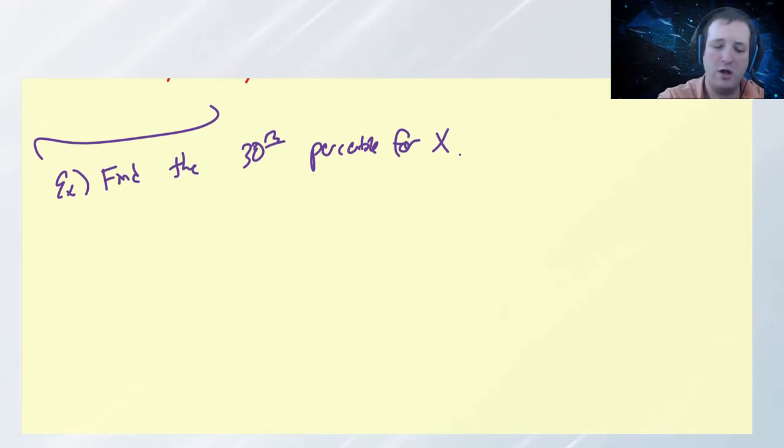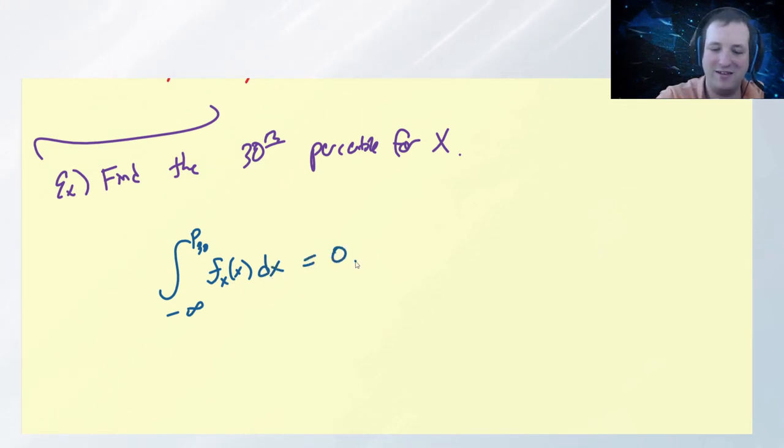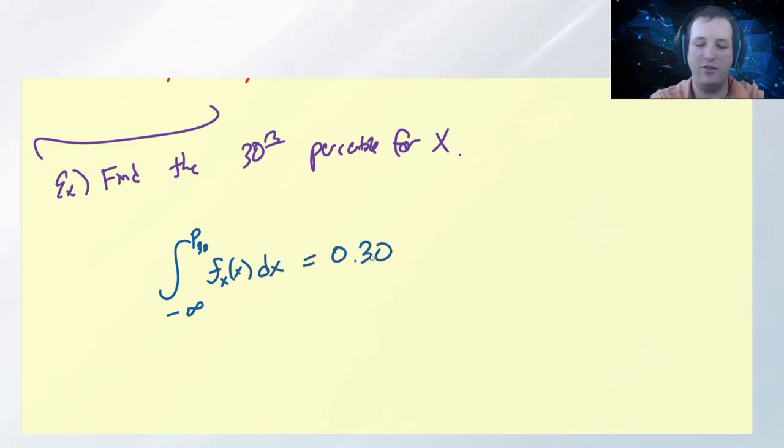So our goal is to solve the equation, the integral from minus infinity to, I'm going to call it p30, of fx of x dx, and we want to set this equal to 0.30.